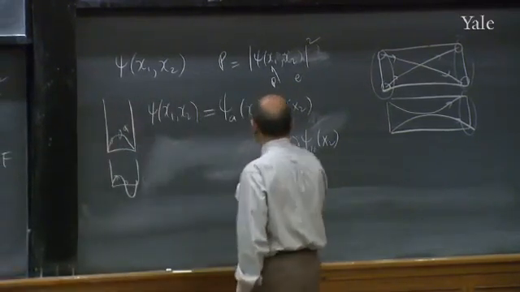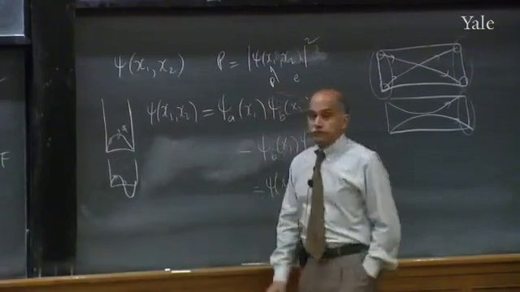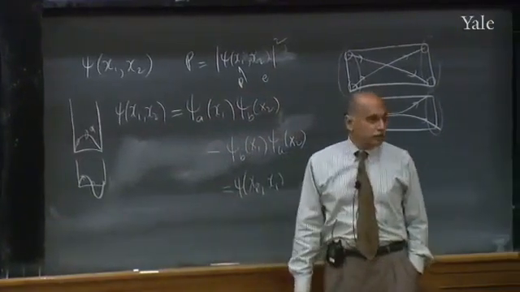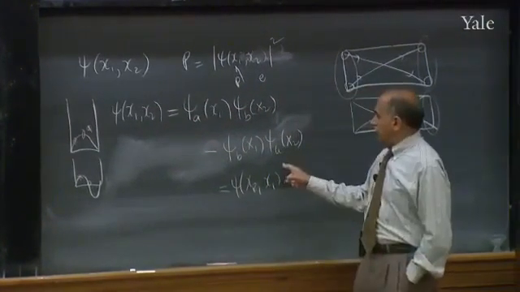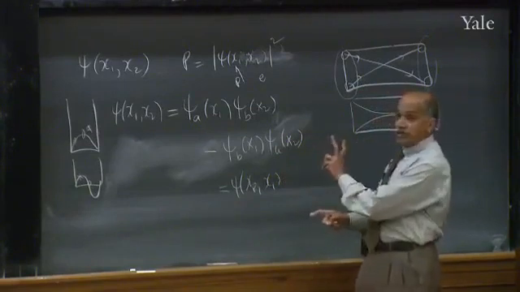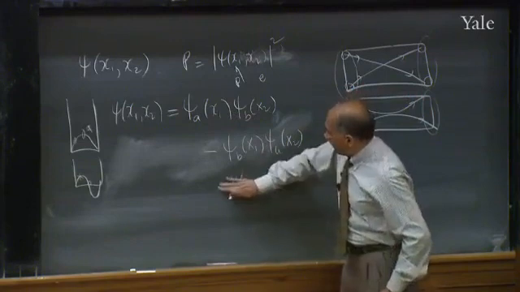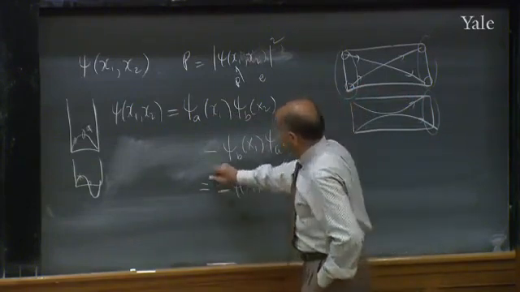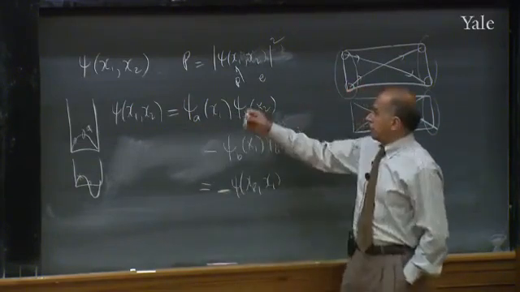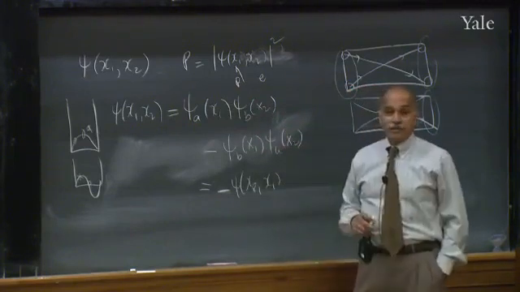Now I'm going to try another combination. I'm going to put a minus sign here. If I put a minus sign, perhaps you can see that if I exchange the two guys, this goes into that, and that goes into this, I don't come back to where I am, I come back to the minus of this guy. If this looked like x minus y, that looks like y minus x.